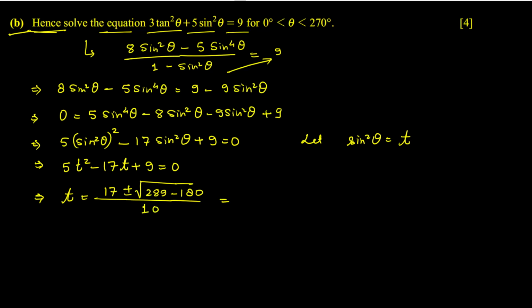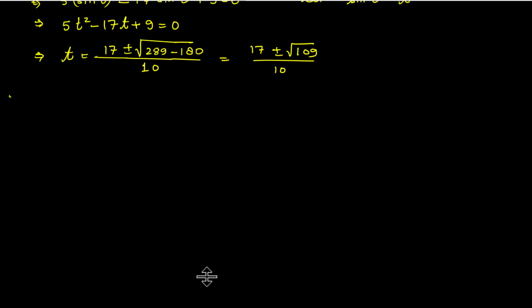So if I simplify it, it can be written as 17 plus minus root 109 over 10. Now I can rewrite this t as sine squared theta.